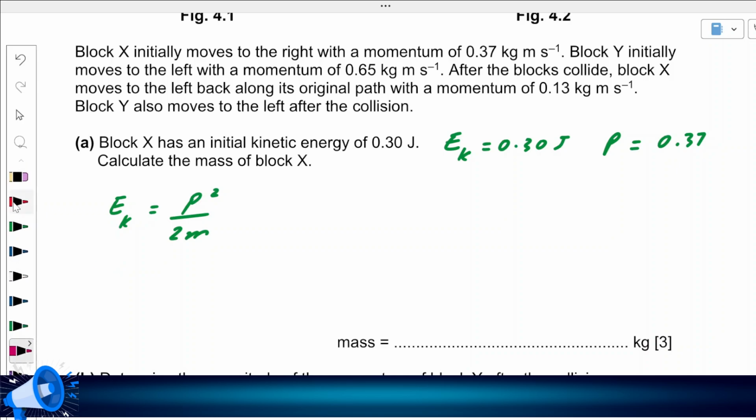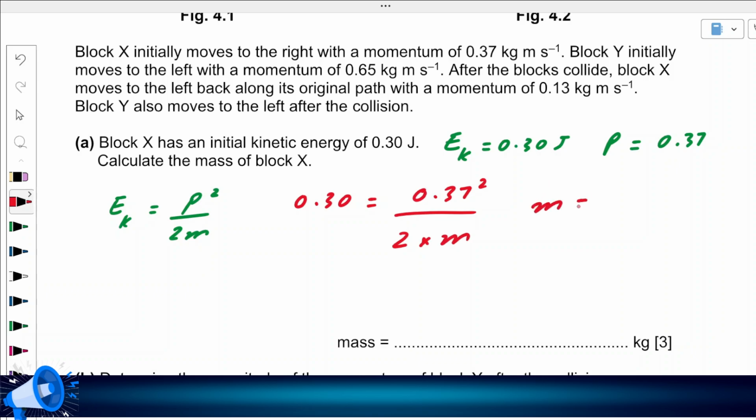It is from the expression of kinetic energy, and then instead of mv you write momentum, and for the other v you write momentum over mass. So this is 0.37, sorry, let me insert the values now. Kinetic energy is 0.30, momentum is 0.37 square divided by 2 times m as it is.